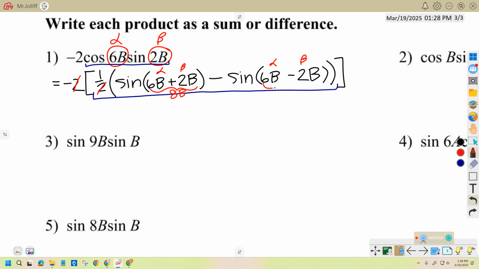Inside the second sine, I have 6b minus 2b, which is a 4b. So we can shorten this a little bit. I have a -1, which is just a minus sign, and then I have a sine of 8b minus a sine of 4b.